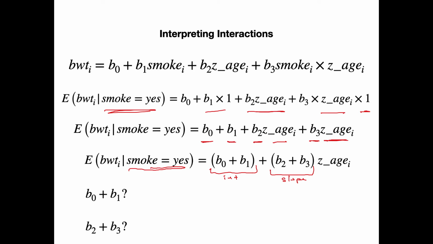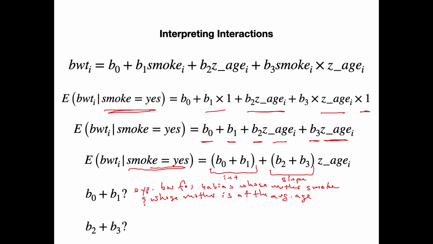So the sum of those two is the expected birth weight for babies whose mother smoked and whose mother is at the average age. Okay? These two things together right here, right, are the slope for mothers who smoked. Okay?